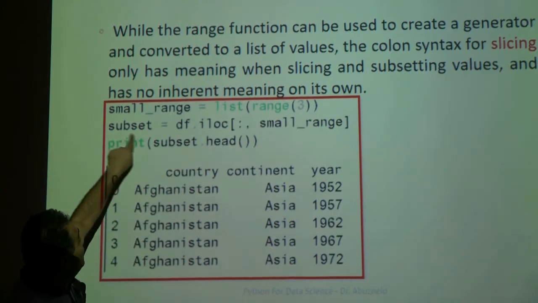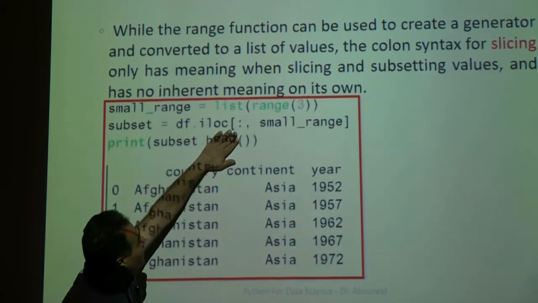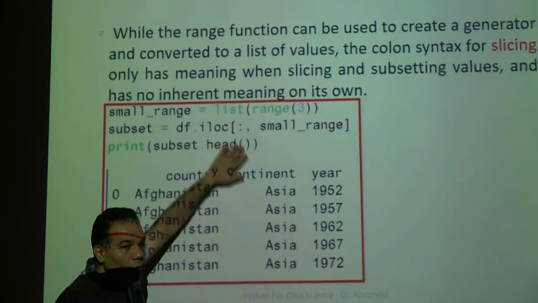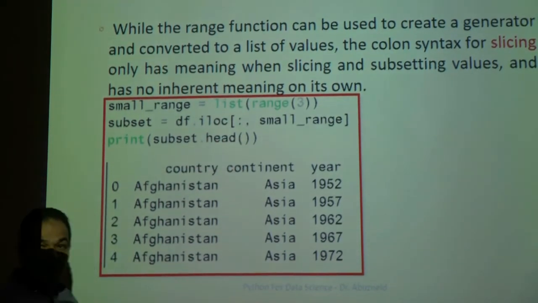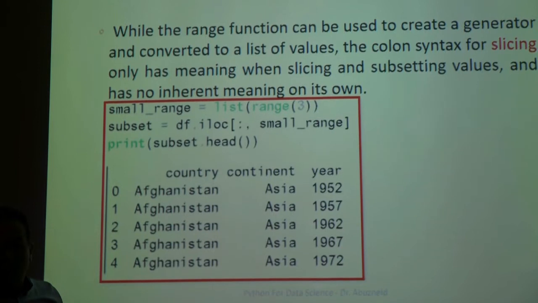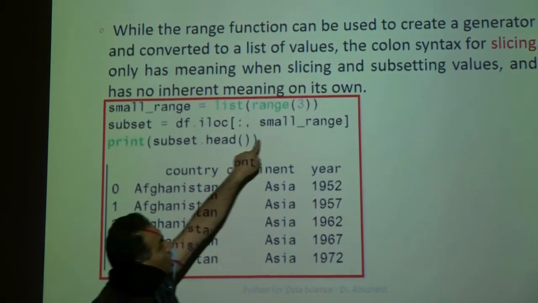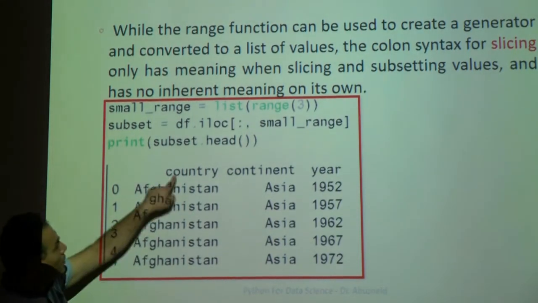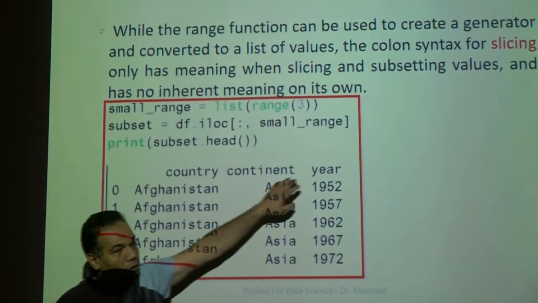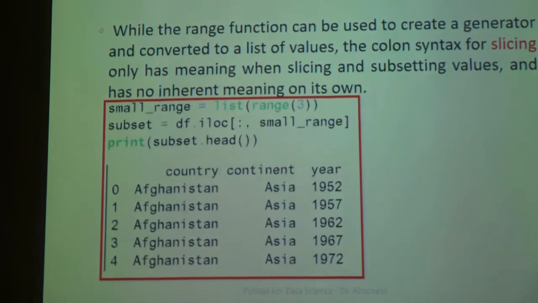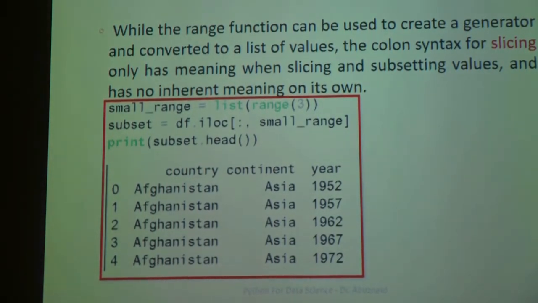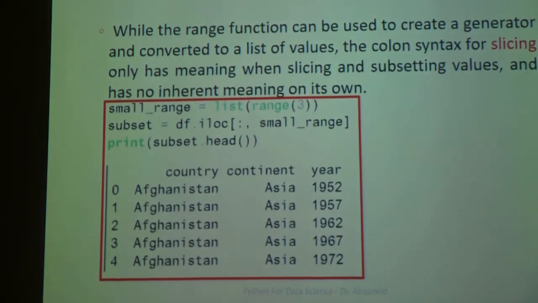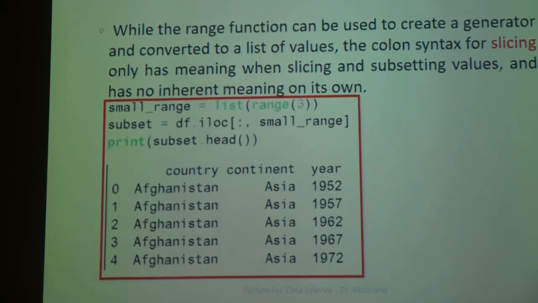But if I print subset without head, it will print all rows, 1700. And then how many columns will I print? 3. That's why I have country, continent, year. I mean, you have the code in front of you, by the way, you could play with it, right? You have your laptop in front of you.